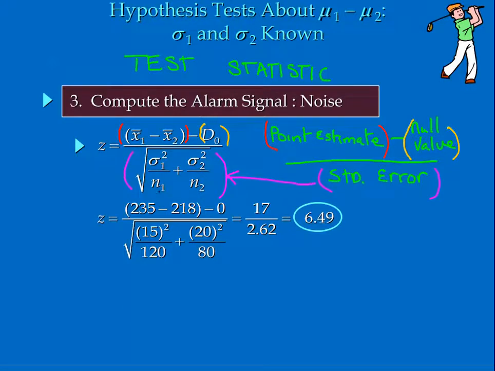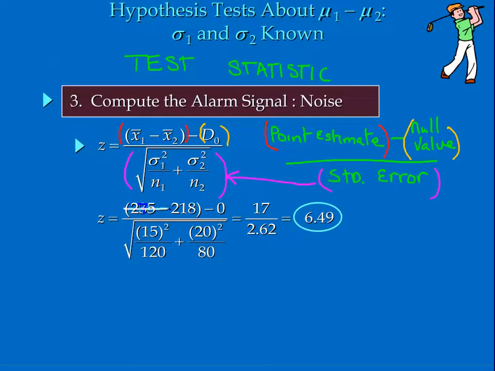The point estimate is something we would calculate from the two different means. Actually, there's a typo there. That should be 275. I'll just write it out again.